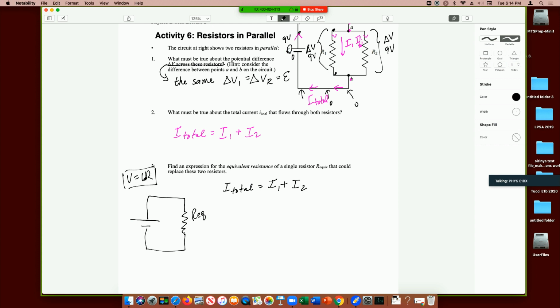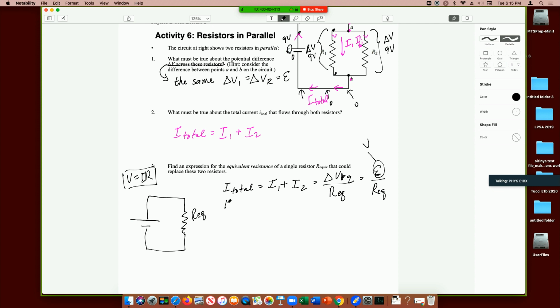The change in potential equals the current times the resistance. And so if we wanted to say the change in potential of the equivalent over the equivalent resistance, that's going to equal I total. So the whole voltage of the battery over R equivalent, right?